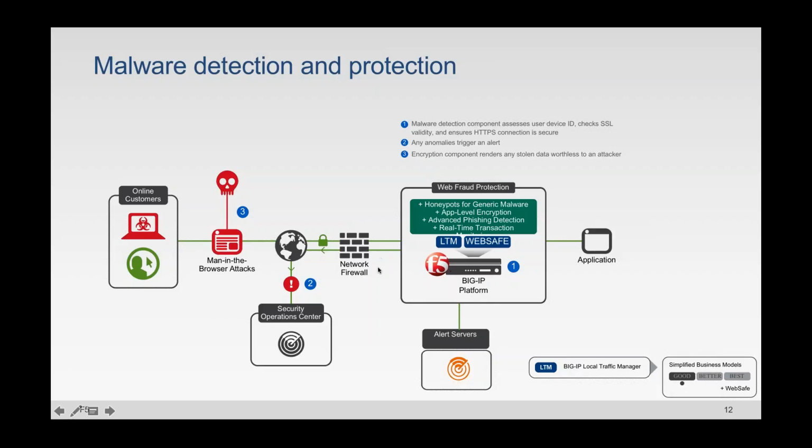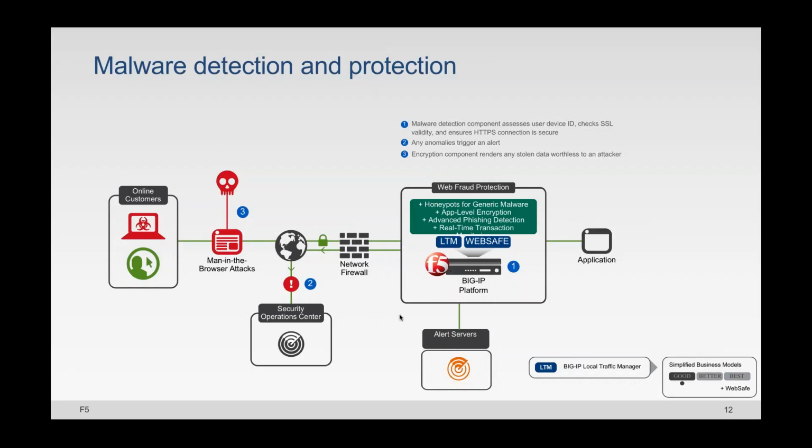The other key component that sits within this is what we call our alert server. The alert server is effectively our alert dashboard. This can be integrated with other risk engines you may be using, either via syslog or a web services API. And effectively, the alert server is where alerts get sent.